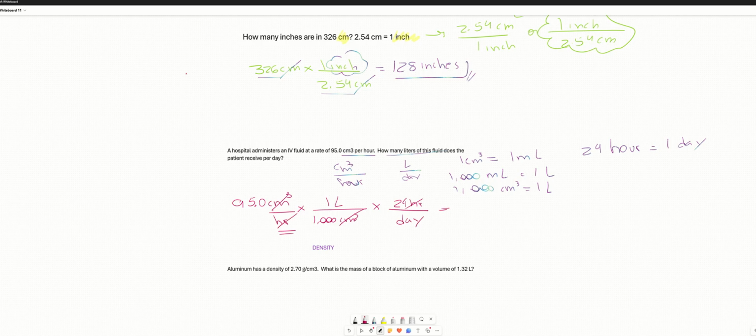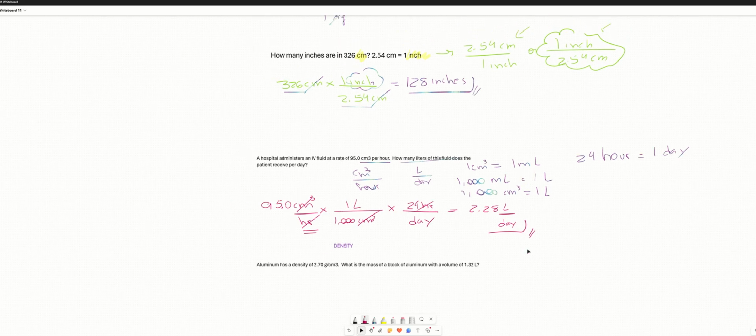So my result will be 95 multiplied by 24 divided by 1000, which is 2.28 liters per day. I feel better doing it separately. First you can convert volume and then you convert the time. Whatever you do, you need to have the same answer.